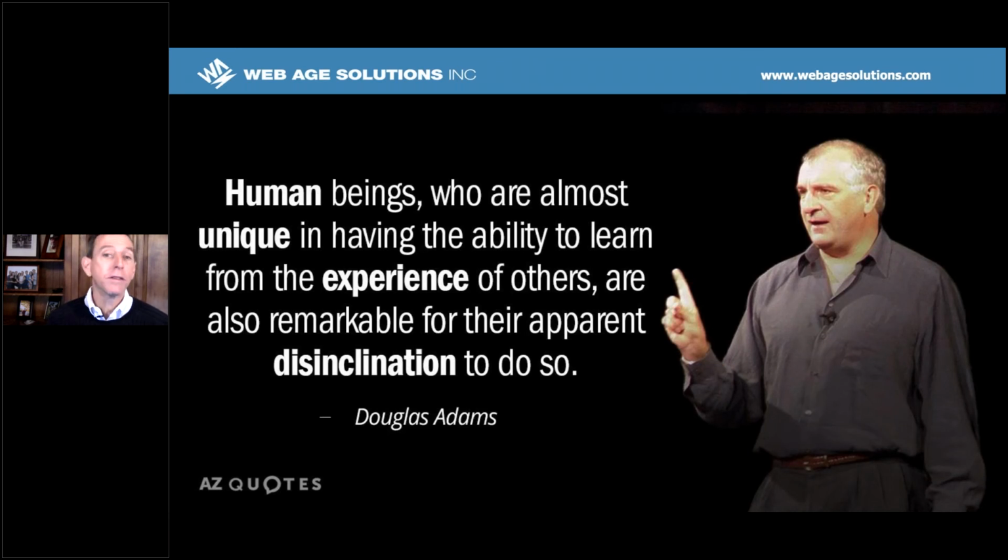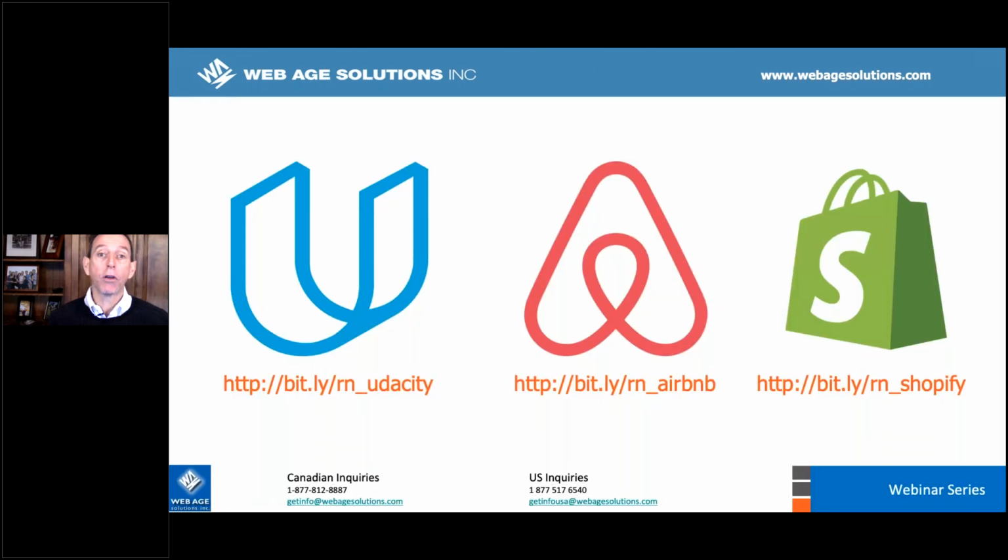Let's take a look at 3 different companies, 3 different organizations that have used React Native, got deep into React Native, and what they thought worked well and what didn't. Using those, we can kind of back out what would be useful for your group. There are 3 organizations that are buzzing right now.